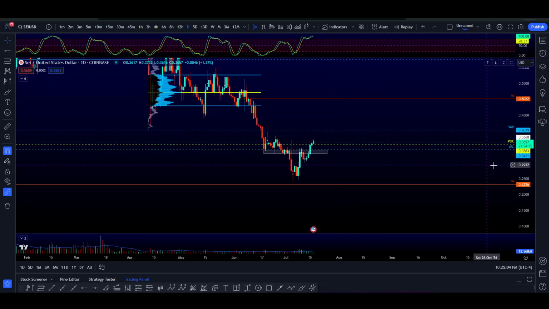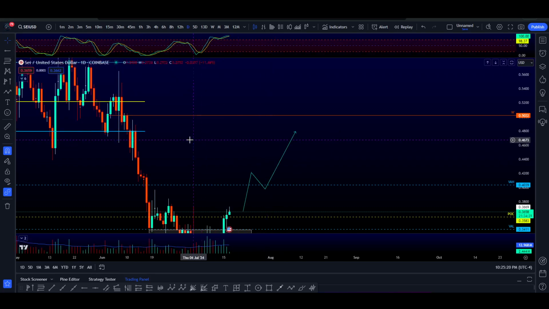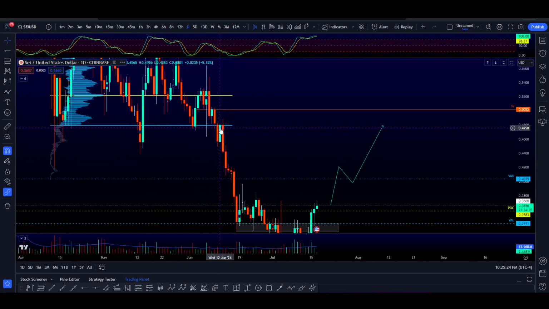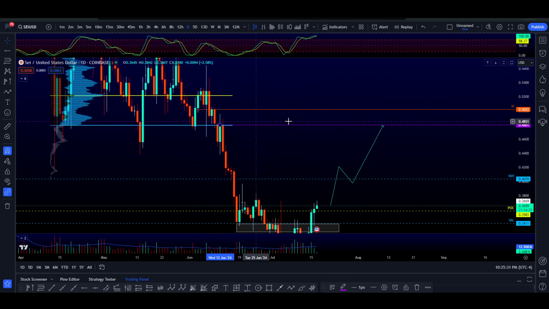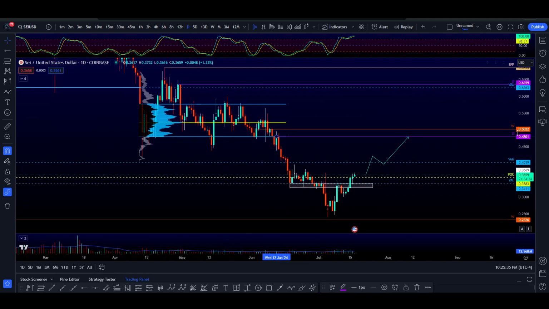So if we do manage to flip this level here, this value area high, into support, then my next target would be the value area low of this range, right? Which also lines right up with the couple candle closes on the daily. So there is a daily level right here if you really wanted to go ahead and mark that out. So a little bit of a confluence there. We have a daily level lining up around 48 cents. So that's where I would actually be expecting some sort of a rejection.